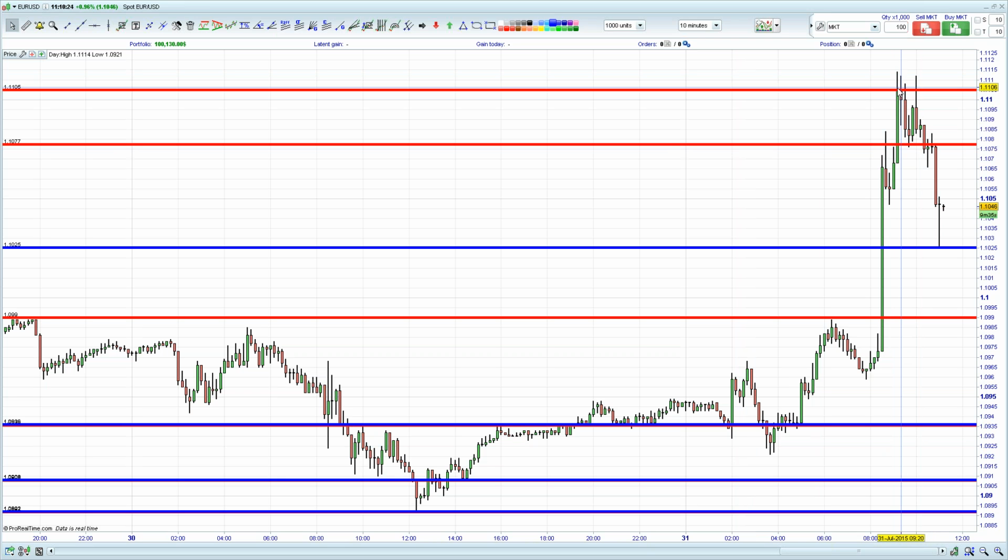The reason is there are big volumes being executed at these prices. Those big volumes are not going to get filled at the exact same price, right? There will be slippage.